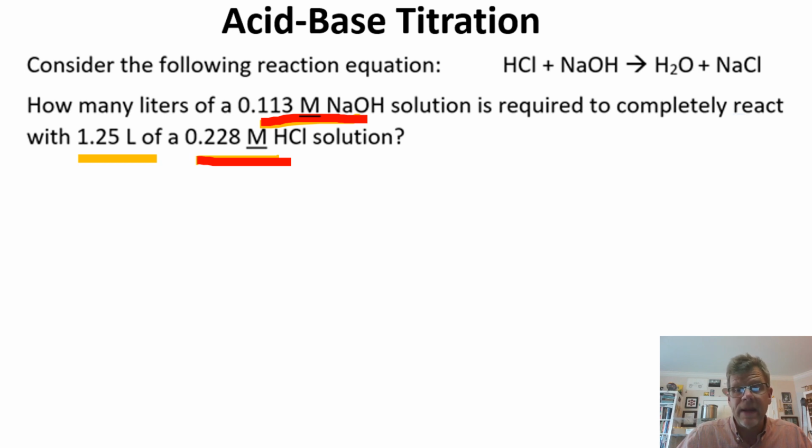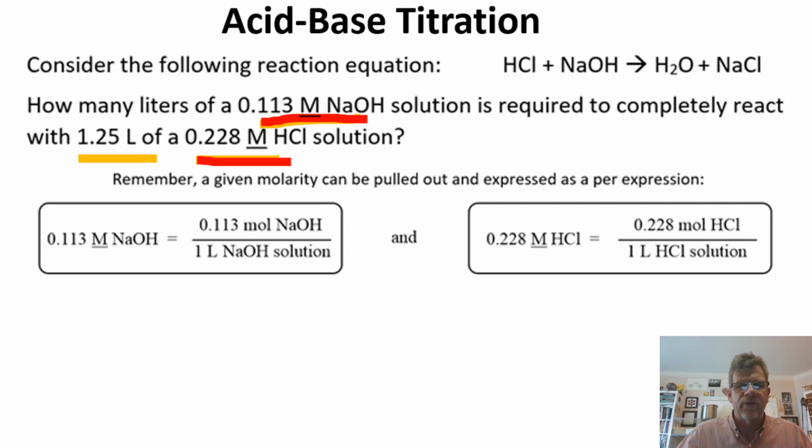So we're going to immediately assume that those are per expressions and pull them out. Again, 0.113 molar NaOH means 0.113 moles of NaOH per 1 liter of solution. And 0.228 molar HCl means 0.228 moles HCl per 1 liter of HCl solution.